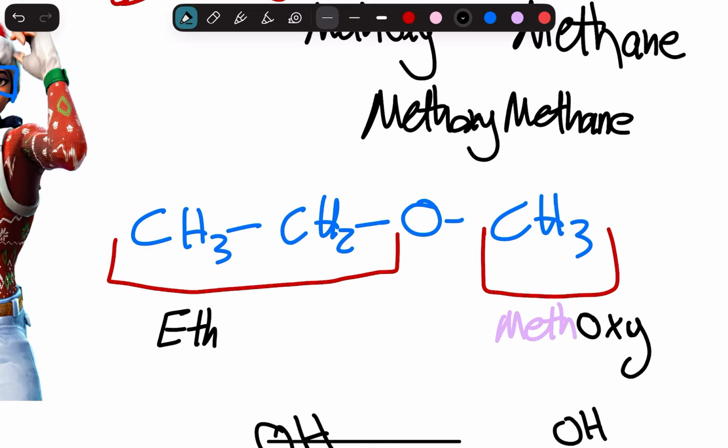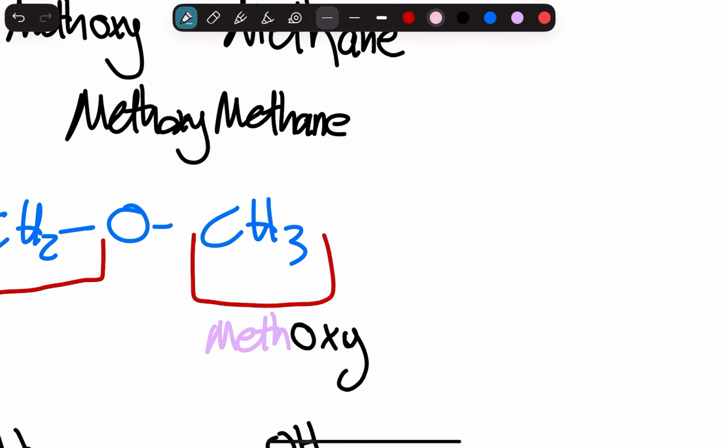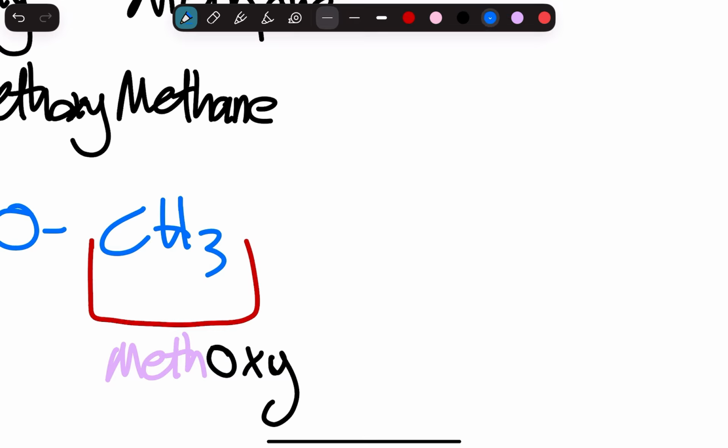And then the longer side gets your regular ane ending. So our shorter side is going to be methoxy, and our longer side is going to be ethane. So to put this together, we're going to arrange them in alphabetical order.